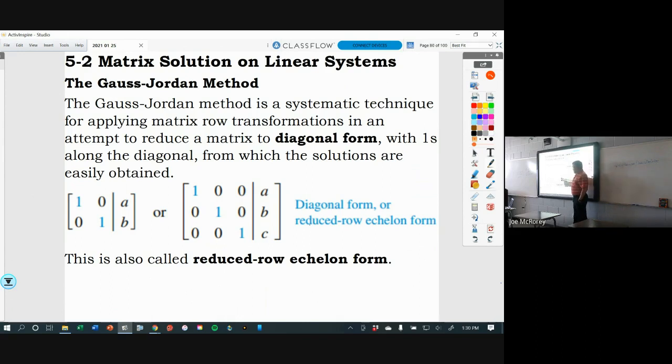So X is A, Y is B, Z is C. Right? Whatever those numbers were. Okay? Does this reduced row echelon form look familiar? Yes. Why? Because we went over it. Where is it?